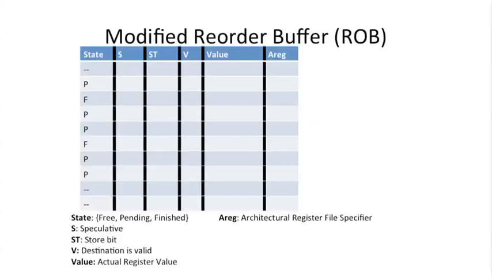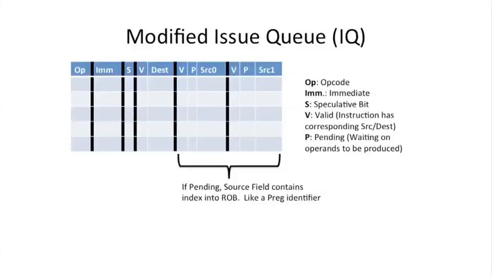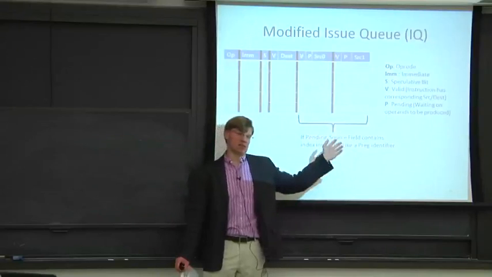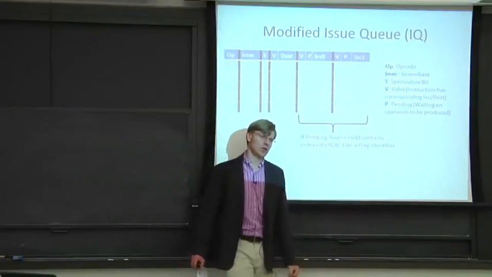OK, so we also modify the instruction queue. This is going to tell us where to go get the values when we're going to execute. It's also going to store the values now. What's interesting is that if you go back and look at the Tomasulo algorithm paper, they broadcast commits that are happening, and those commits end up in the reservation station as the actual value.